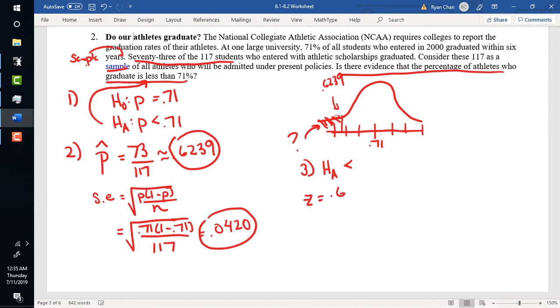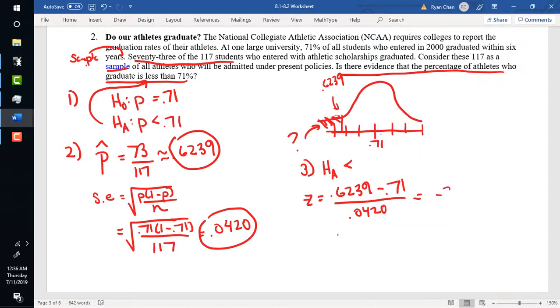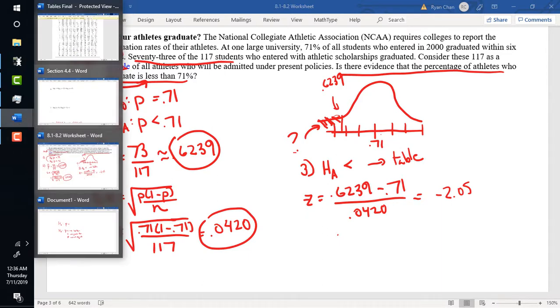I'm going to use my z-score. So z is equal to 0.6239 minus 0.71, divided by 0.0420. And I get approximately negative 2.05. And remember, since it's less than, you'll just use your table. So I'm going to use my table here.